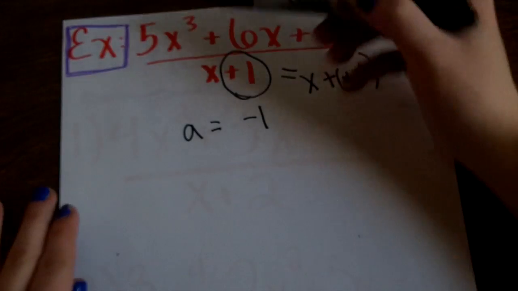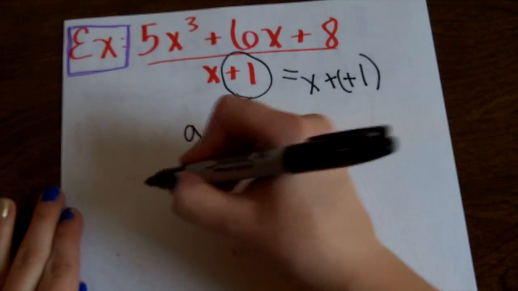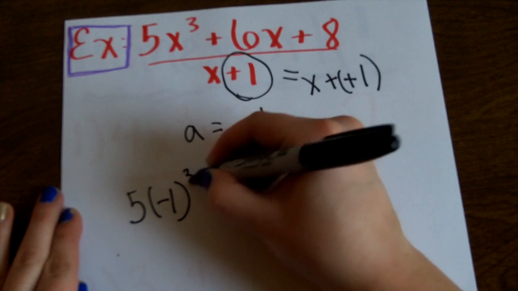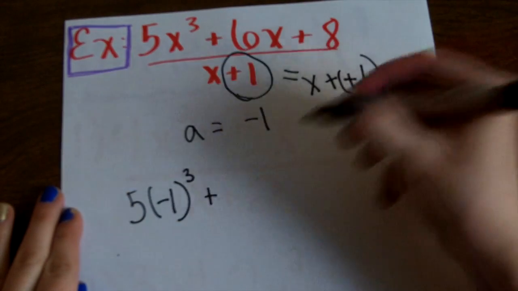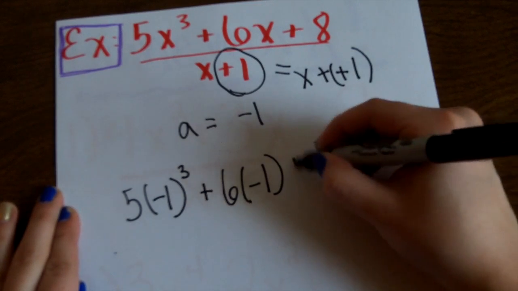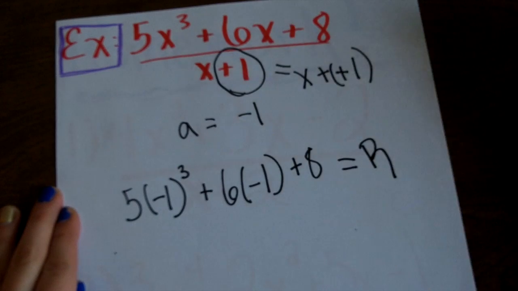So I'm going to plug my a in for the x, so 5 times negative 1 cubed plus 6 times negative 1 plus 8 is going to equal our remainder.